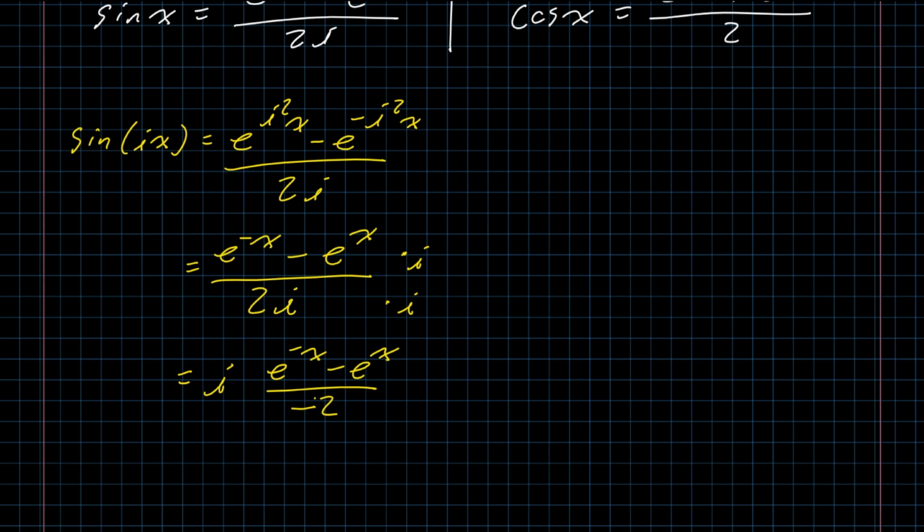And then the i in the denominator times the i that was already in the denominator gives us -1. And now, because I have subtraction in the numerator and a negative in the denominator, I can bring those things together and write that sine of ix is e to the x minus e to the minus x over 2.